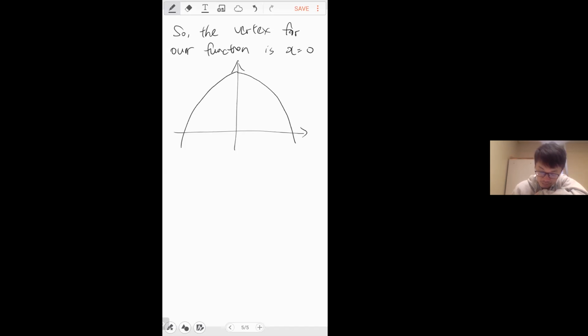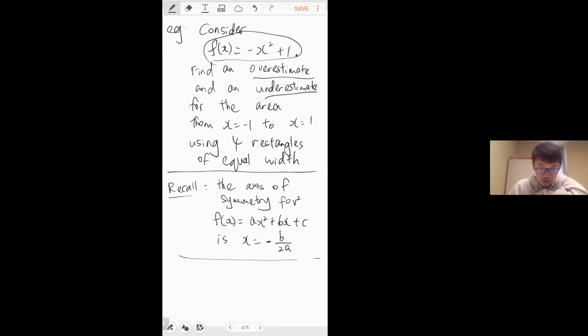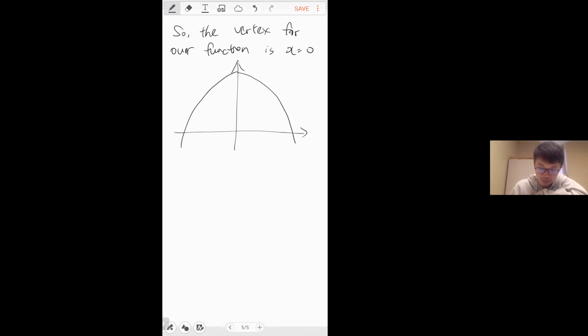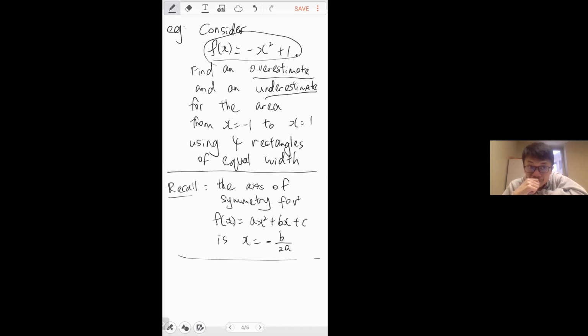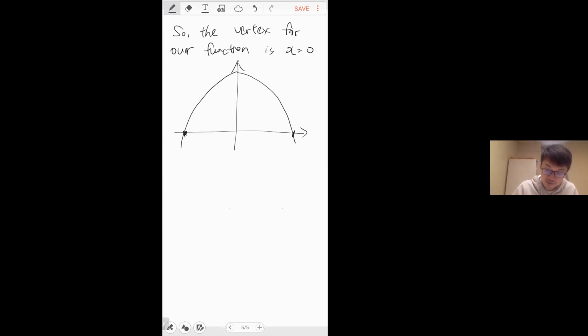And I also know that negative x squared plus 1 has two x-intercepts. How do I find the intersection points with the x-axis? How do I find these 2 points?